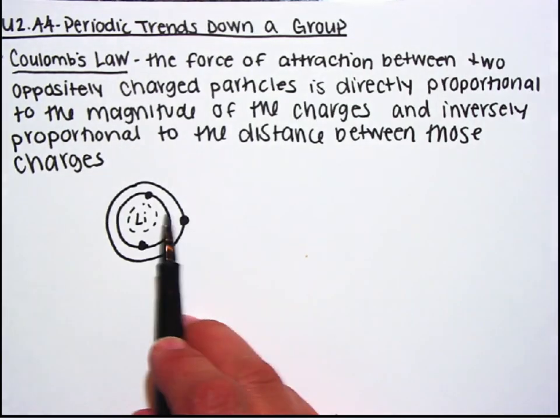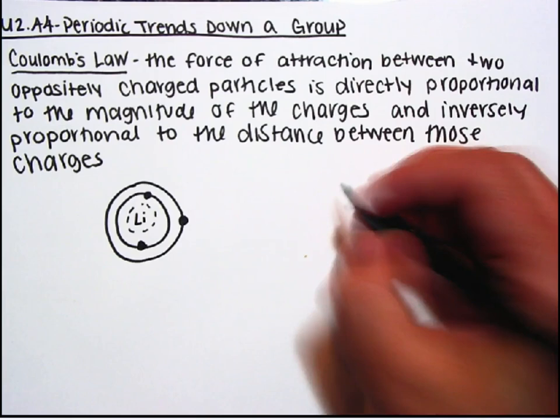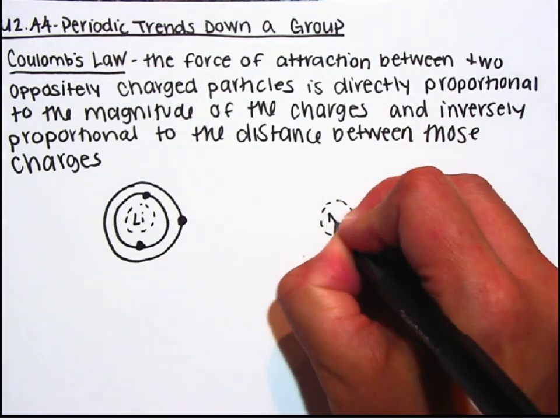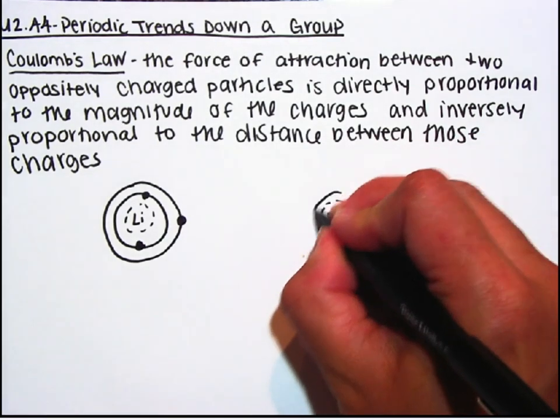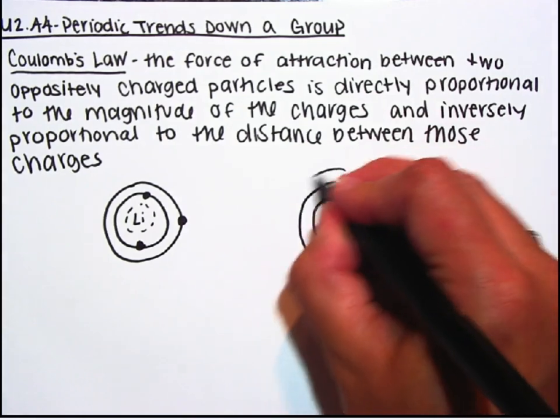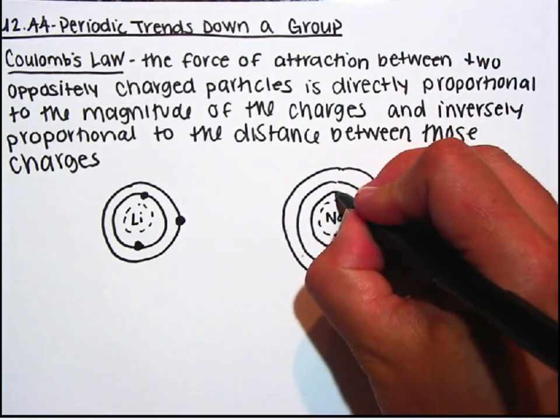It has 2 energy levels, and it's in group 1, so it has 1 valence electron. If we go down the group to sodium, sodium is in the 3rd period, so it has 3 energy levels.